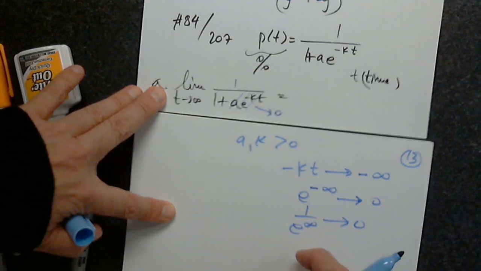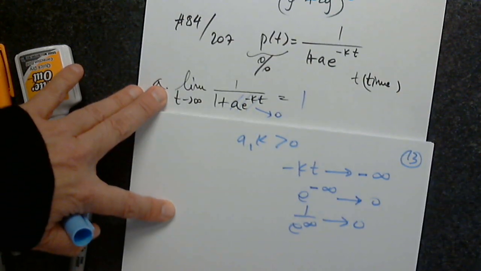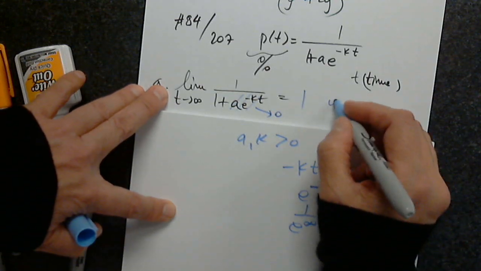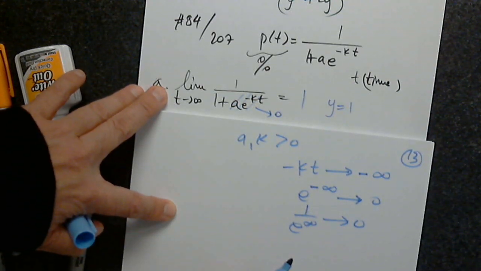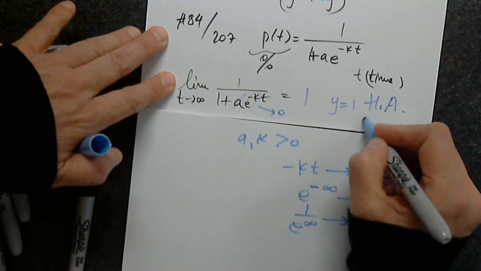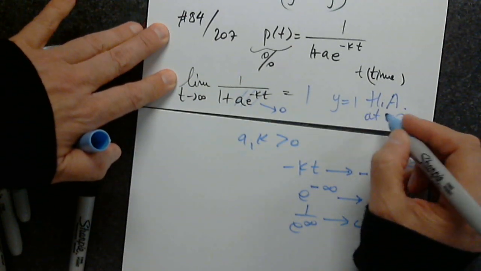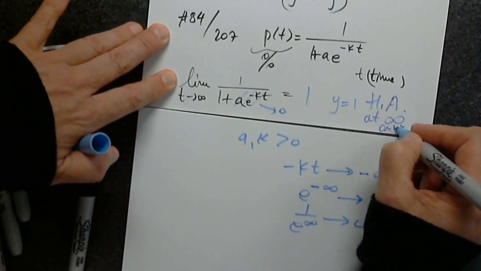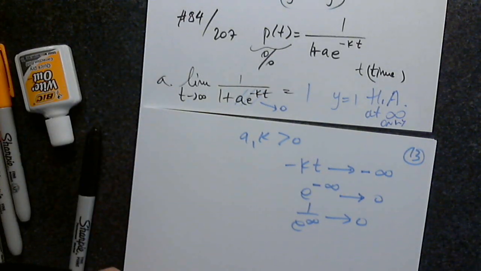So what is the limit? We don't have to do anything. Which means y equals 1 represents a horizontal asymptote at infinity only. We have not checked anything else.